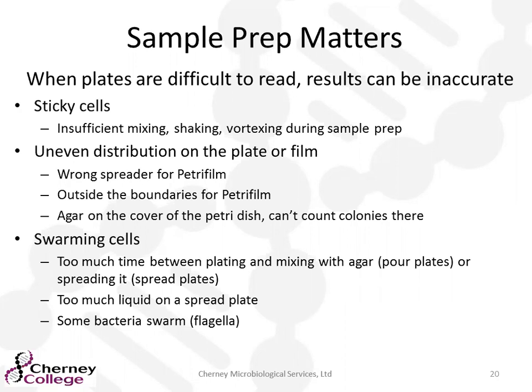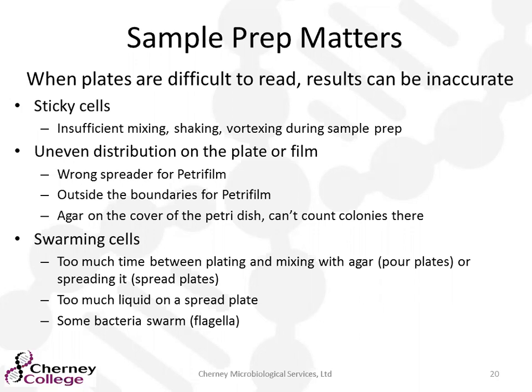We could have 4 cells that stick together because of insufficient mixing, shaking, vortexing in our sample prep, and that's going to also create one colony forming unit if they don't separate. Now, obviously, we have 4 times the amount of bacteria there than our one individual cell. You want to get that accurate number, and that's why mixing sufficiently really plays a key role.